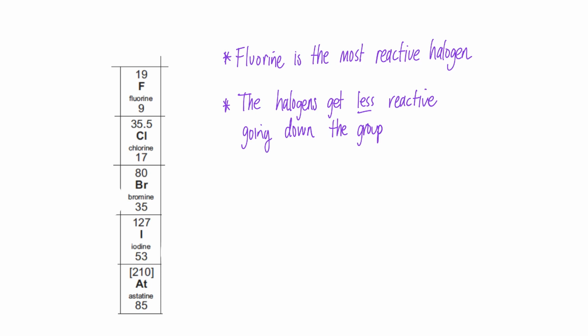This means that fluorine is going to be the most reactive halogen. Okay, it is the smallest at the top of the group, and my halogens are getting less reactive as we go down the group.